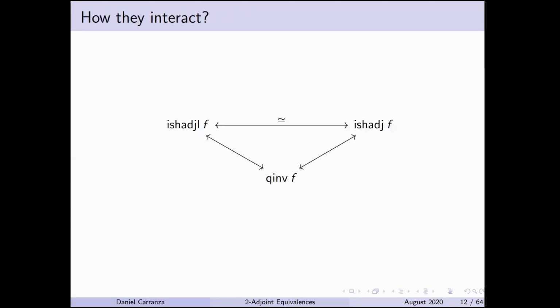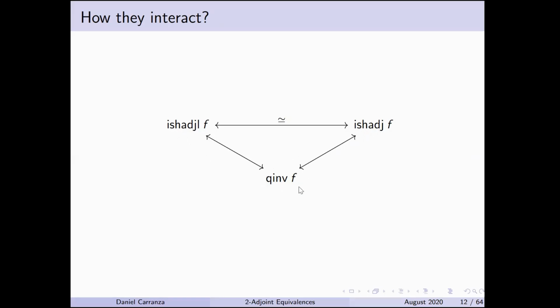So how do these types interact with each other? Well, it turns out that from any one of these, you can get to the other two. It's very obvious that if you have a half-adjoint equivalence or a left half-adjoint equivalence, you can just discard the triangle identity you asked for, and you land back at a quasi-inverse.